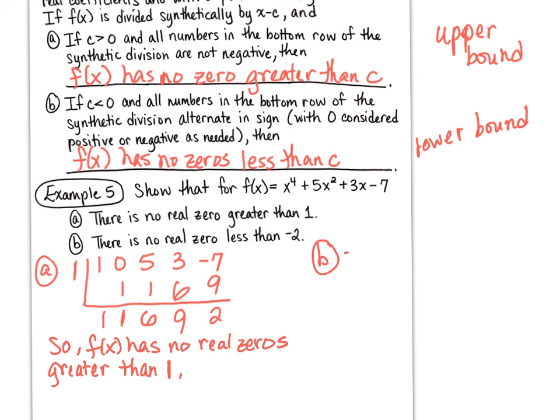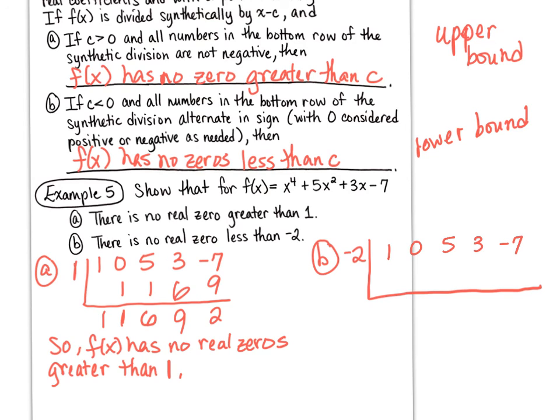So we use -2. Would you like a minute? Okay, take your coefficients. 1, 0, 5, 3, -7, good.